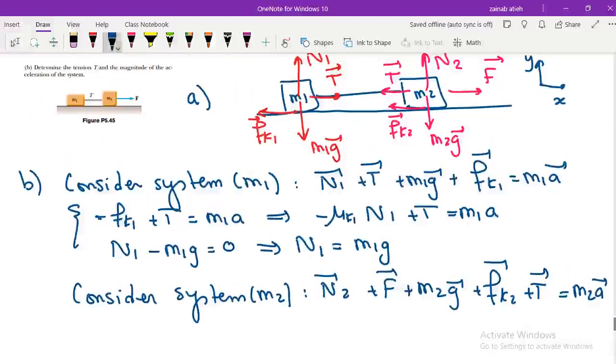Along the x axis, what do I have? I have minus T minus FK2 plus F equals M2A.